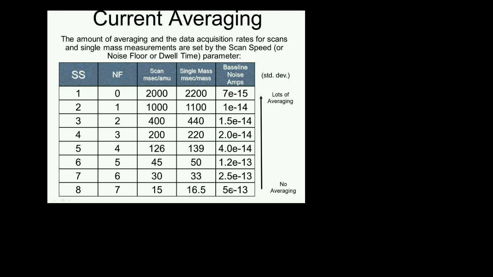This table should be provided by every vendor, and if it's not in the manual, you should request it, because this is the table that you're going to use later on to decide at what scan speed or what kind of dwell time you're going to set the unit so you have the detection limits that you're looking for. So for example, in this unit, all SRS RGAs get sent out with default scan speed 3.